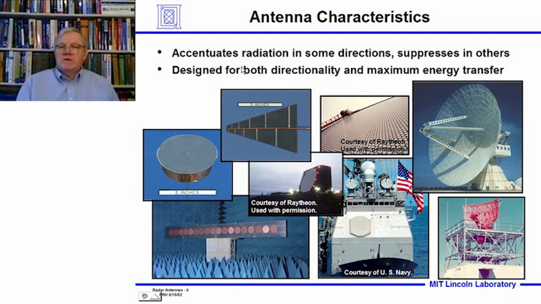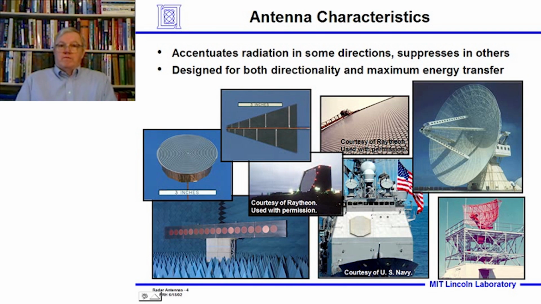Now, when we look at what the functions of the antenna are, there's about half a dozen of them. As I said before, it's that transition point, the transducer between the transmitter and free space. The next thing it does is focus the energy of the transmitter into a collimated beam so that you get lots of energy density on the target. We don't have energy going in all directions at once. In the introduction, we showed you an isotropic antenna with the energy going everywhere equally.